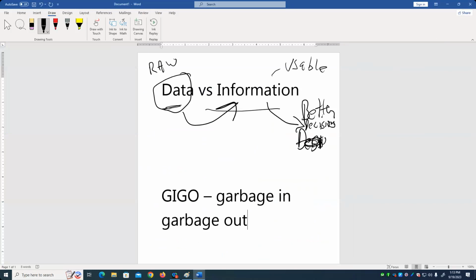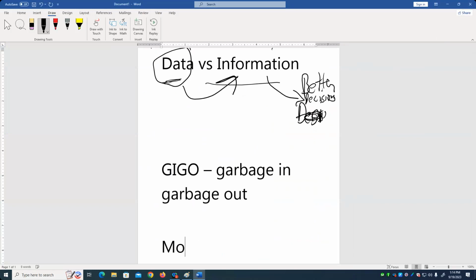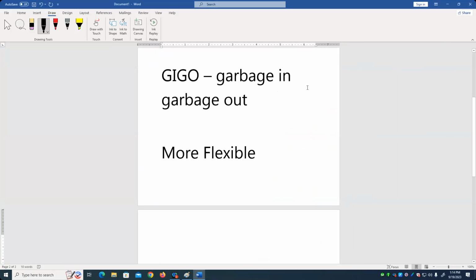The more flexible you are in being able to transform, the better off you are, and the more accurate your data is, the better off you are. And relational database systems allow for the data to be more accurate and allow for more flexibility. We'll sort of talk about that. Just keep that in the back of your head. We'll come around to that as we review some of these other terms and ideas.